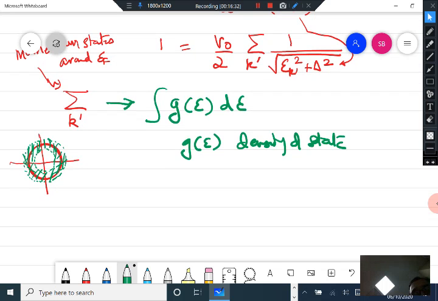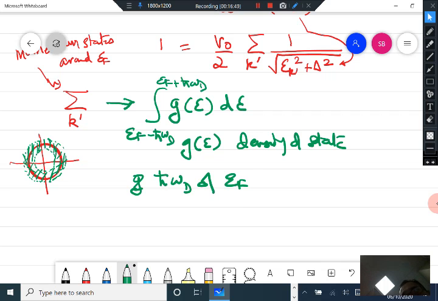You are going to do the integration around h cross omega d of EF, so from EF minus h cross omega d to EF plus h cross omega d, and the density of states g of E will be approximately the density of states at the Fermi energy.